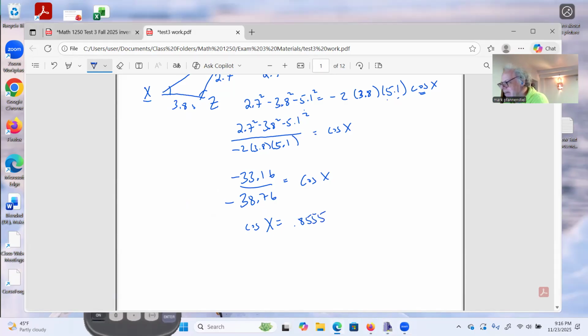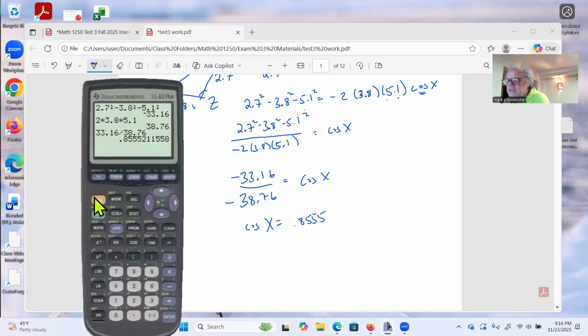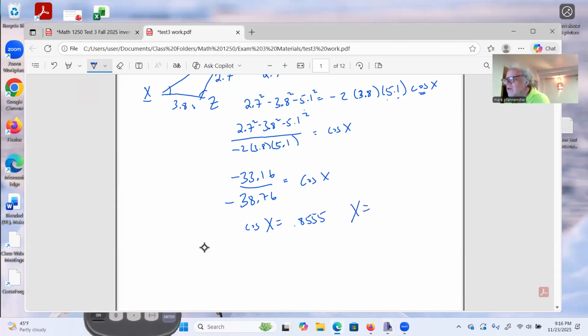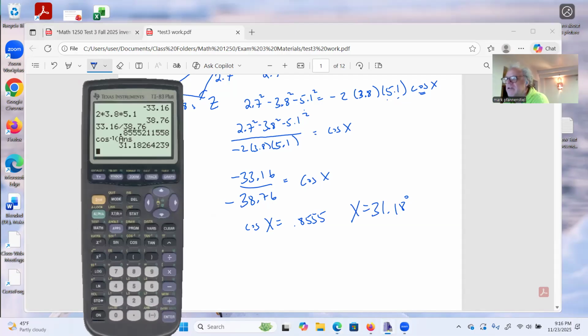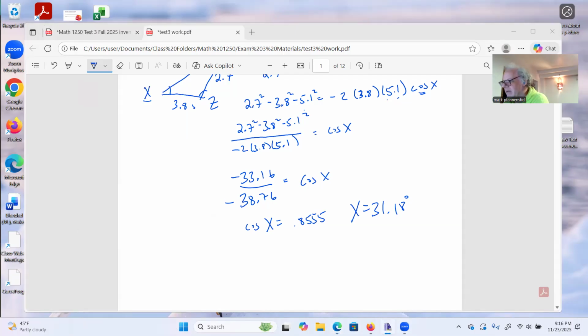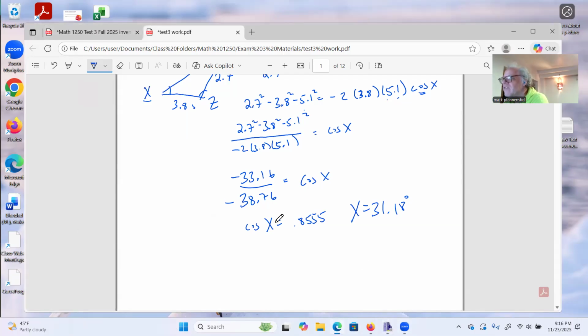We're not going to retype that into the calculator. We're just going to use second function cosine, inverse rather, second function answer, so I don't have to type things back in. And we ended up with x equals 31.18 degrees. Just double checking, yes, 31.18 degrees. We had said go to two decimal places. All right, great, first one is done.